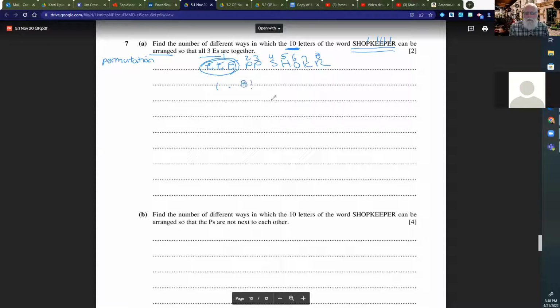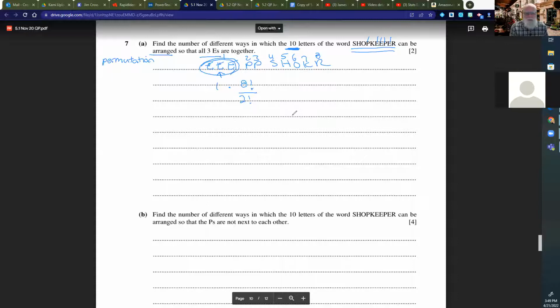However, I've got to make sure that if there's any duplications, what do you do? You divide by. Now, I'm not worried about this E because it's one thing. I don't have any other EEEs. It's the only EEE I have. However, I do have 2 P's. So I divide by 2 factorial.